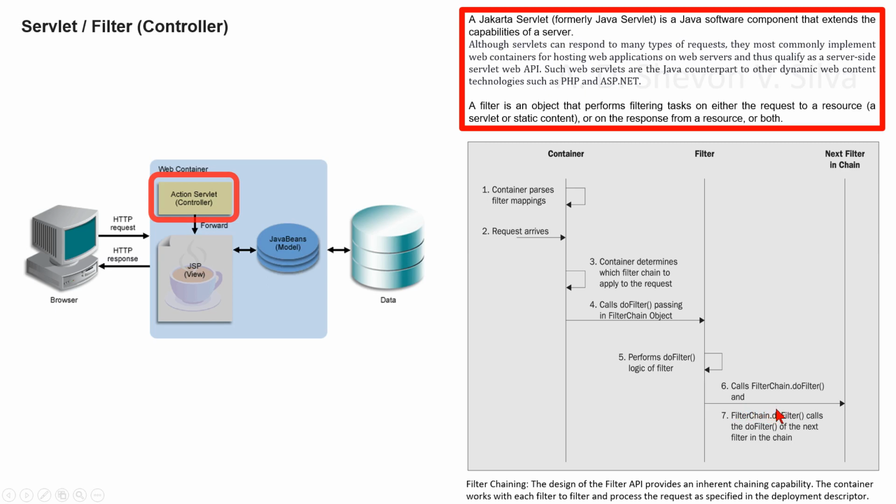All filters are required to do this because all filters are intrinsically chainable. 7. The logic in the doFilter method of the filter chain object calls the doFilter method of the next filter to be called.